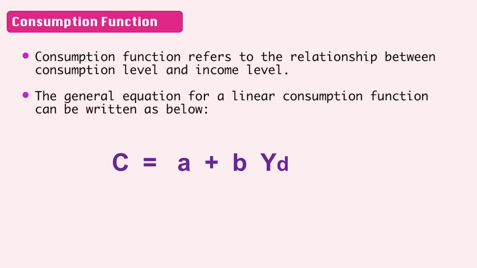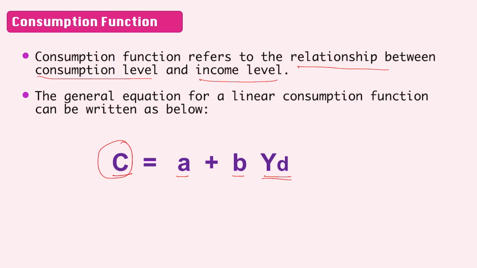Okay, so the consumption function refers to the relationship between consumption level and income level. The general equation for a linear consumption function can be written as C equals A plus B YD.